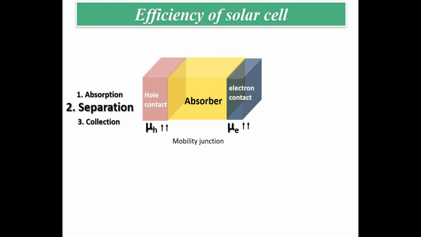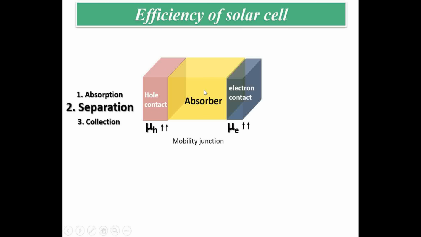Similarly with the HTL: whenever an electron hole pair comes in the vicinity of the HTL and absorber junction, the hole gets separated because of the high hole mobility. So it is basically filtering out. This is the second mechanism for separation.